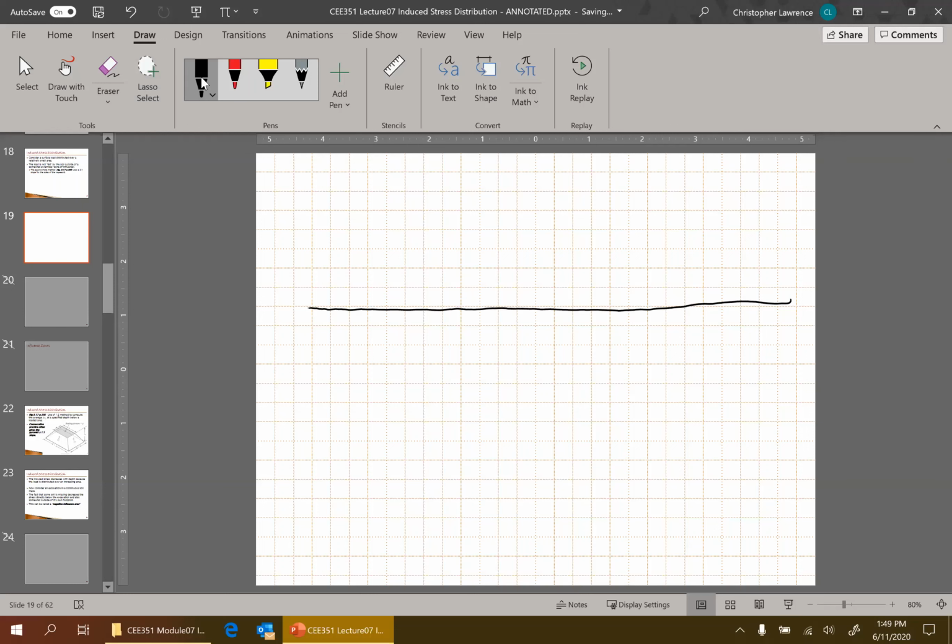And, well, there's a couple ways to look at this. What if I put a structure and maybe point A right here is the point of interest, and we're considering the induced vertical stress at point A.